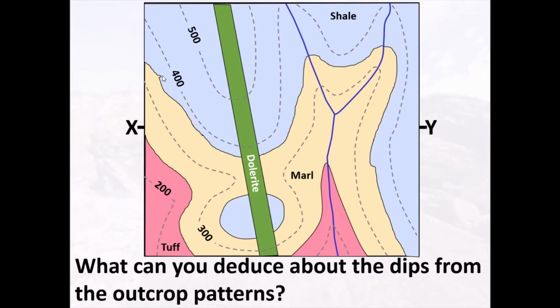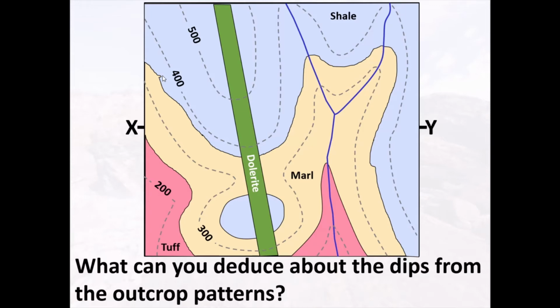It's just one of our simple Benison maps that allow us to prove concepts. We have a sequence of tuff, marl and shale in pink, yellow and blue respectively. And these rocks have been cut by a dolerite dike, the green polygon in this map.